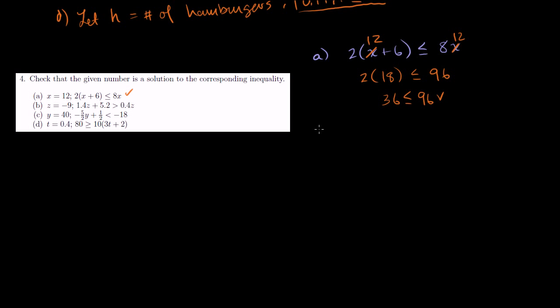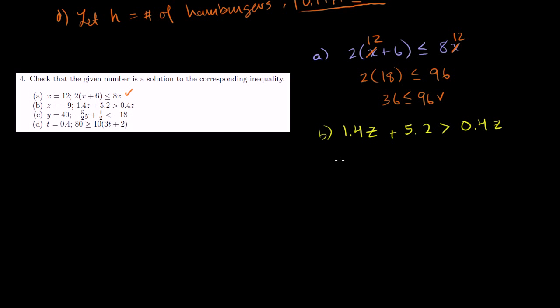Part B. We have 1.4 times z plus 5.2 is greater than 0.4z. And for the solution, they have z equal to negative 9. I always say minus 9. The correct wording is negative 9.